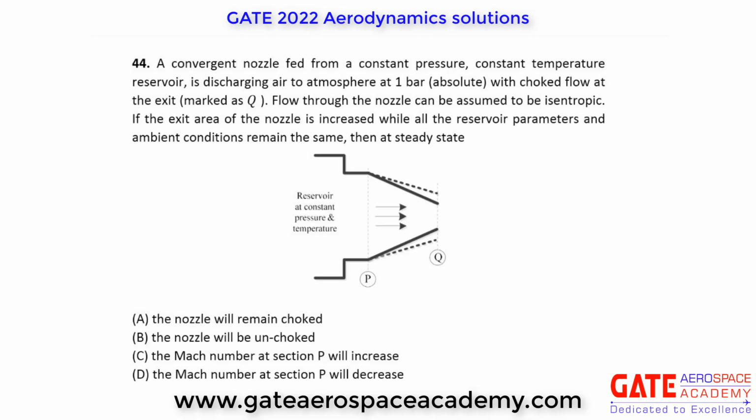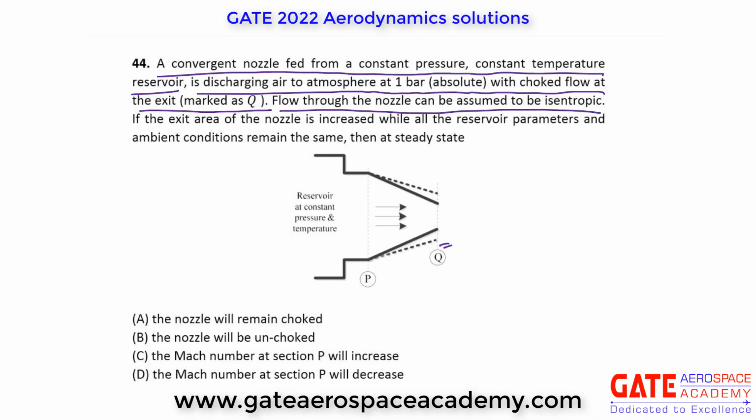Question number 44. A convergent nozzle fed from a constant pressure, constant temperature reservoir is discharging air to atmosphere at 1 bar absolute with choked flow at the exit marked as Q. Flow through the nozzle can be assumed to be isentropic.